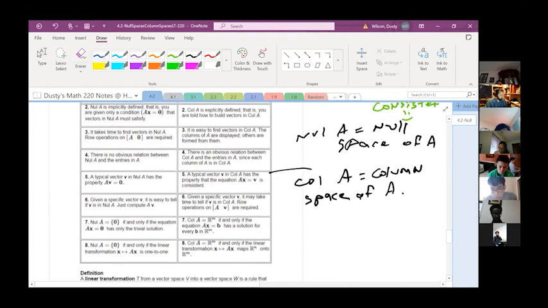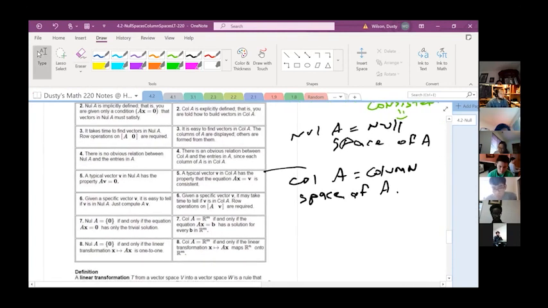Someone take 6, on the home stretch. Evan, number 6. Given a specific vector V, it is easy to tell if V is in null A. Just compute A times V. Given a specific vector V, it may take time to tell if V is in column A. Row operations on the augmented matrix are required. Yep, that's what we just did.